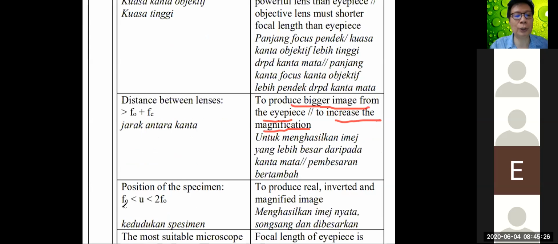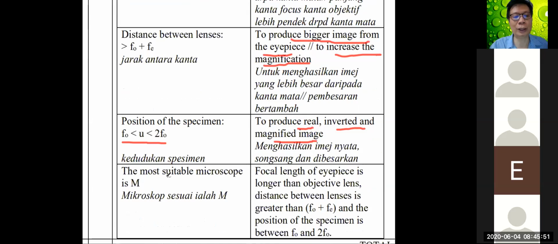The object must be between 1F and 2F, bigger than 1F but smaller than 2F. The reason is to produce a real, inverted and magnified image. When you place the object between 1F and 2F, you will get a real, inverted and magnified image. Okay, understand now?